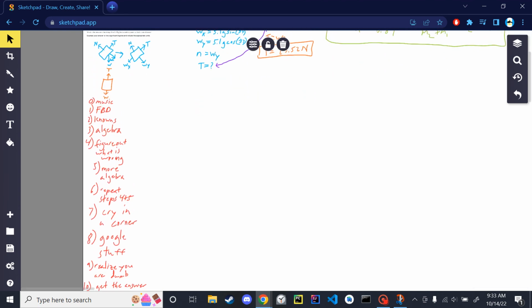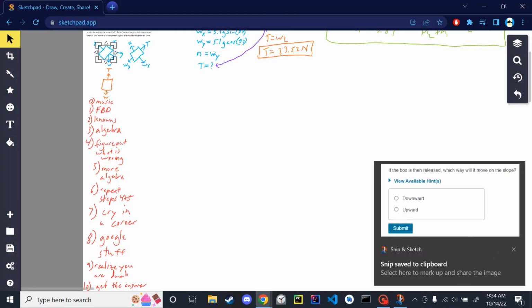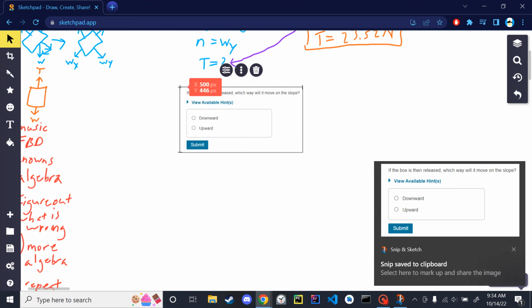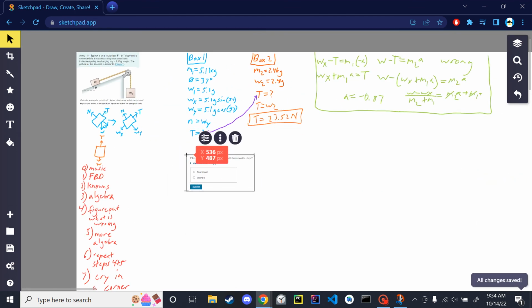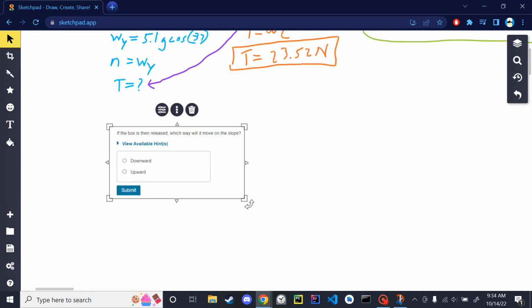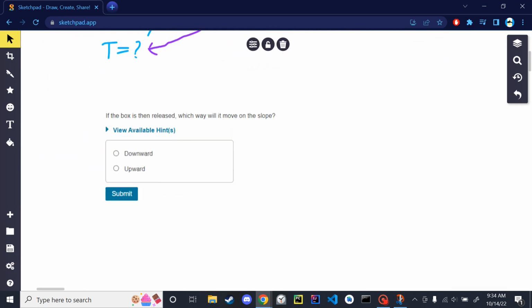Okay, now we repeat the steps with part B. Just throw here, I guess. When the box is released, which way will it move on the slope?